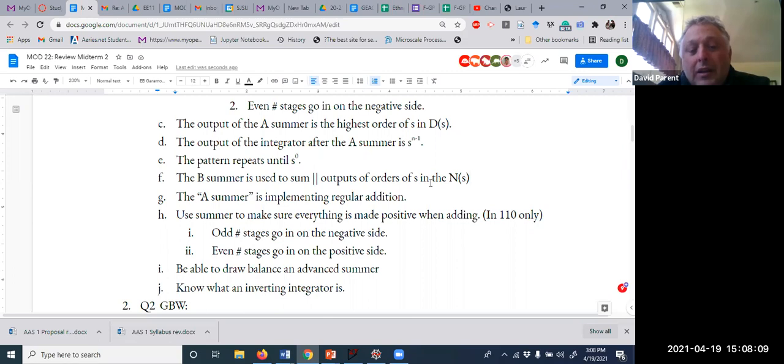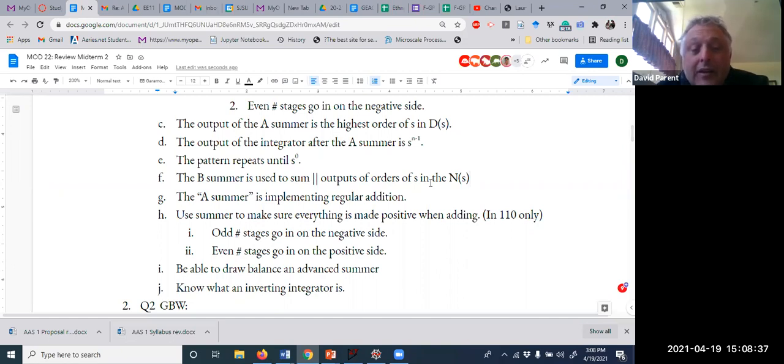But, you know, if there's only one output, meaning there's only one term in the numerator, and if it's not inverting, well, then you don't really need a summer to come after it. All right. And if you only had one output and all you needed to do was invert it, well, you don't really need a whole summer. You just need an inverting op amp gain stage.